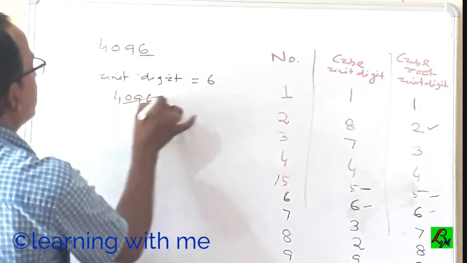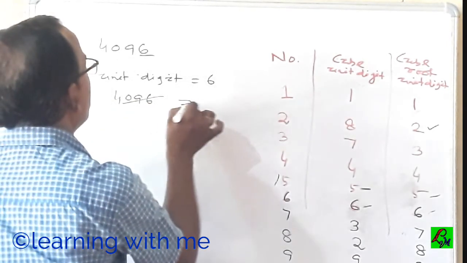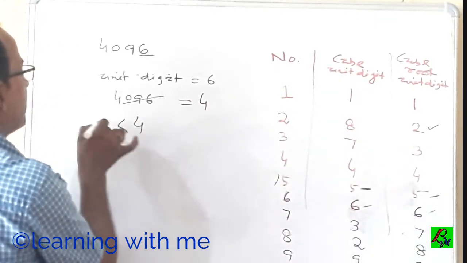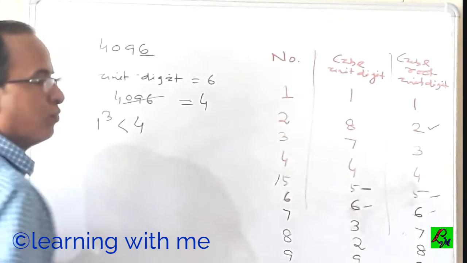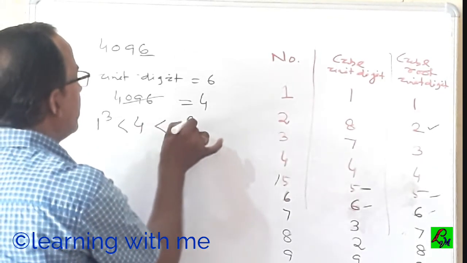4096, striking 3 digits from the right, the number is only 4. But 4 is greater than 1 cubed, which is 1, and less than 2 cubed, which is 8.